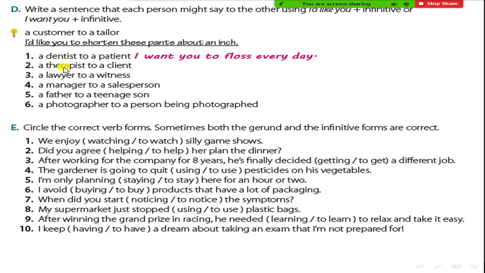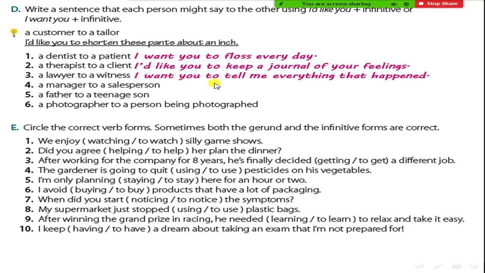Okay. A therapist to a client can say to him, I'd like you to keep a journal of your feelings. And a lawyer to a witness might say to him, I want you to tell me everything that happened. A manager to a salesperson might say to him, I'd like you to talk to the customers more.